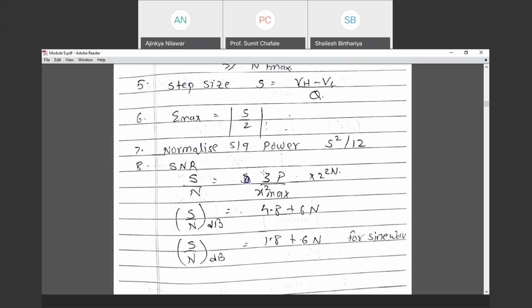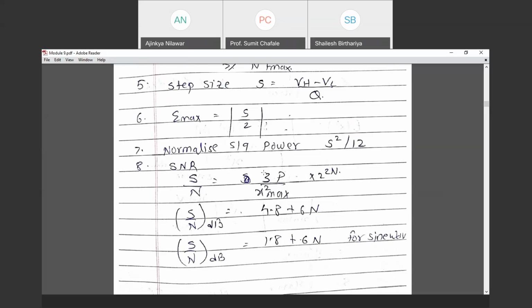The signal to noise ratio as far as PCM is concerned is signal power divided by noise power. Then we have to calculate the noise generated. Here we consider two different noises: white noise, or Gaussian noise.